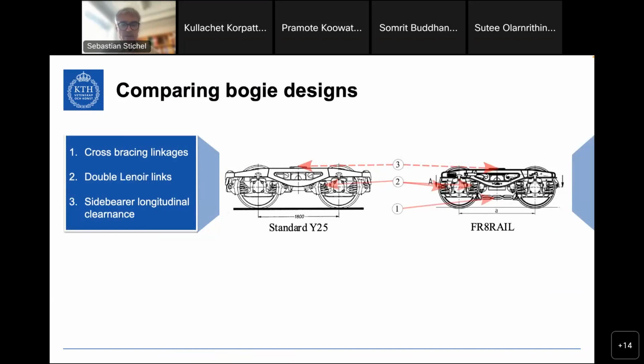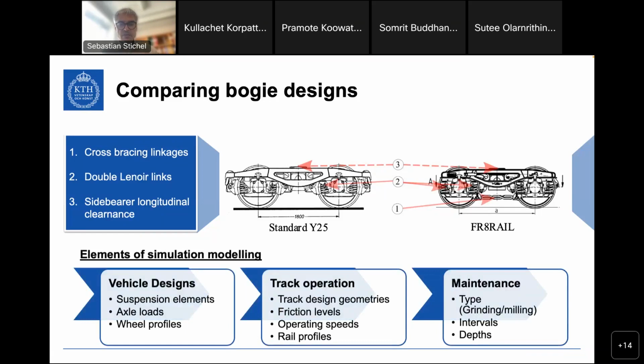It is called the Freight Rail Bogie because the project was called Freight Rail, and that featured cross bracing between the axles to provide a better curve steering, double Lemniscate links to make the suspension a bit softer, better radial steering in curves, and also increased sidebearer longitudinal clearance.